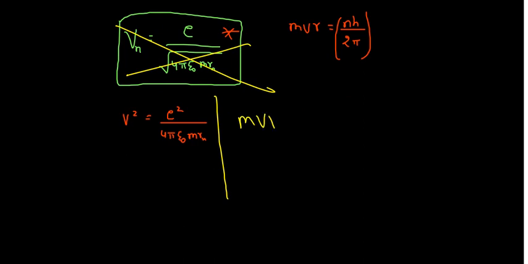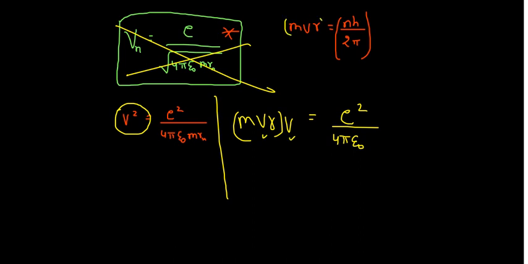m V r multiply V is equal to e squared divided by 4 pi epsilon naught. Why did I write V square in two parts, one V here and one V here? Well, we have only the formula for mvr, so I wrote it like this.